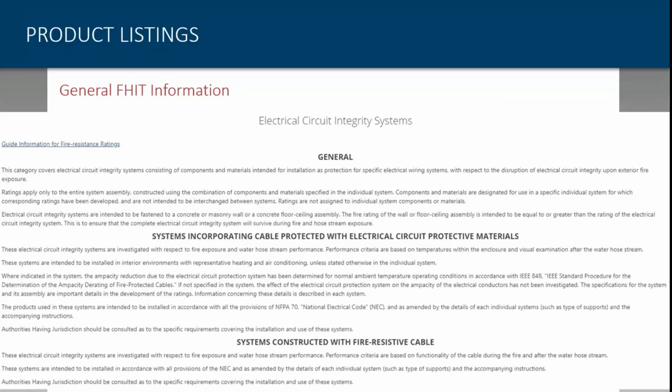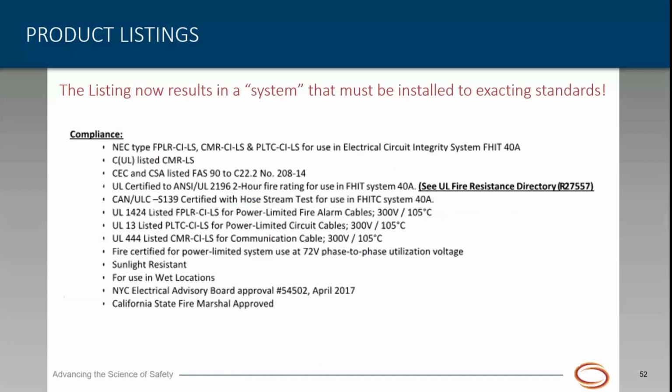It does include the specific requirement that electrical circuit integrity systems are intended to be fastened to a concrete or masonry wall or concrete floor and ceiling assemblies, which is a whole other topic that we're not going to get into today. And so we get this product listing that has this complete system that must be installed to exacting standards, and that's where this gets to be very, very difficult.